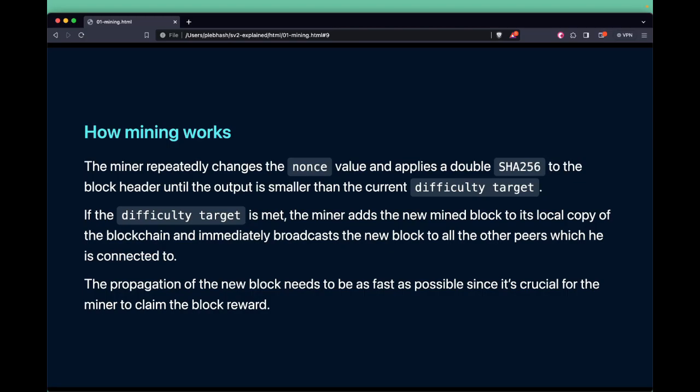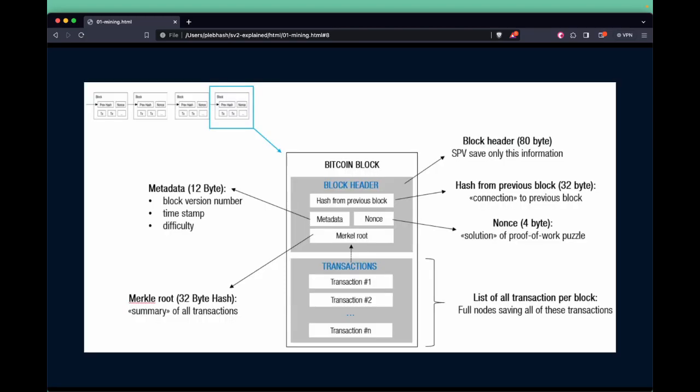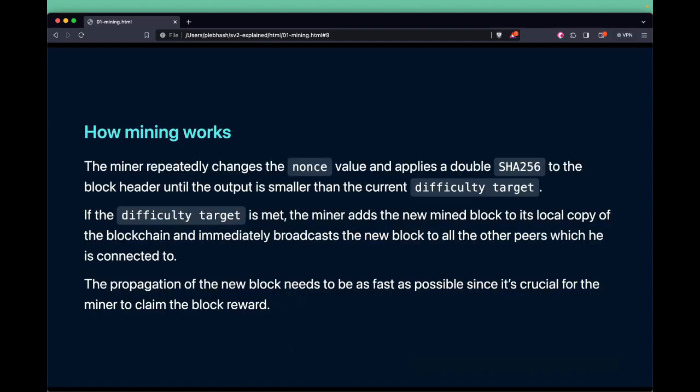And if it is not, then we just change the value of the nonce and we try again. And we just keep repeating this process until eventually we do find a nonce for which the pre-image of this block header will generate a hash that does meet the requirements of the difficulty target.